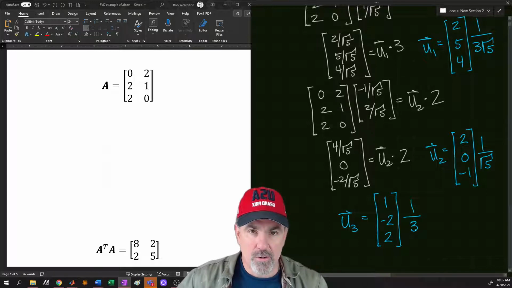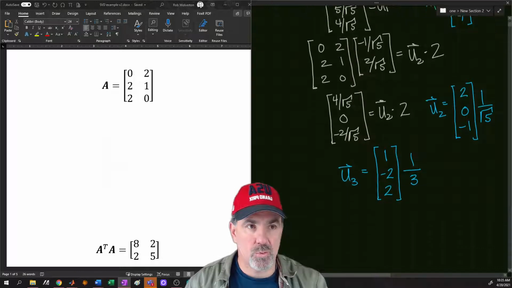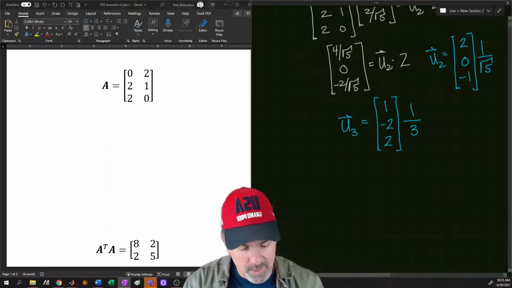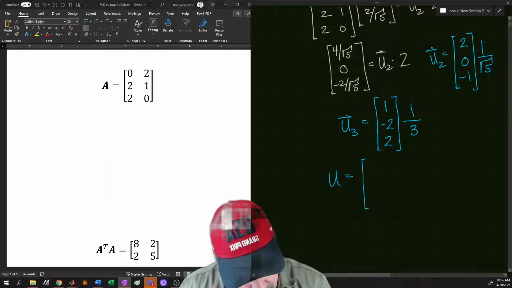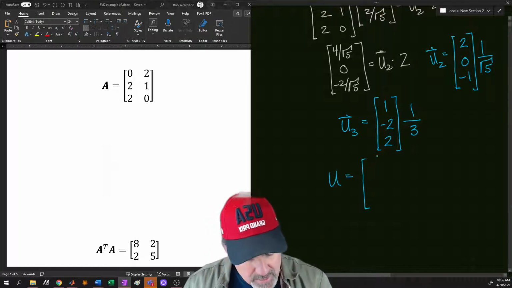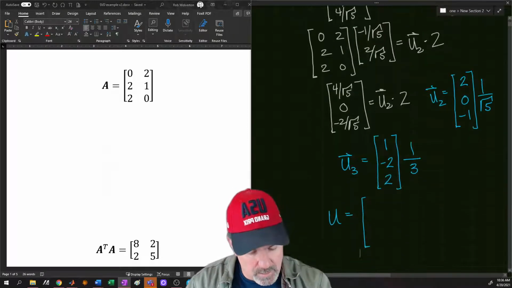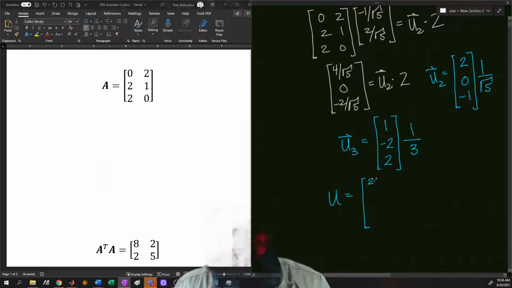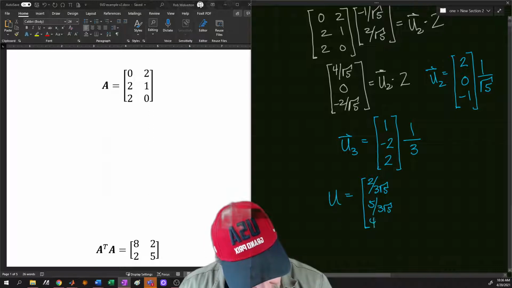So those are the 3 U vectors that we have, and from those we can create a U matrix. So the U matrix is equal to, and this first one's a little bit of a hassle, so it's 2 divided by 3 square root of 5, and 5 divided by 3 times the square root of 5, and 4 divided by 3 times the square root of 5.